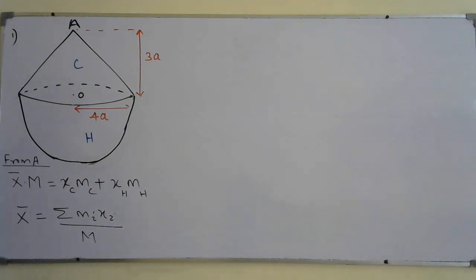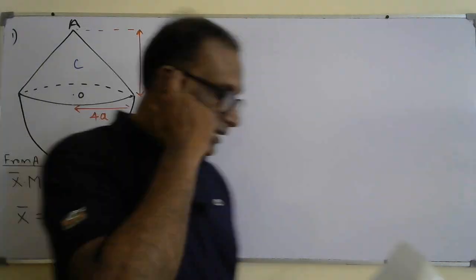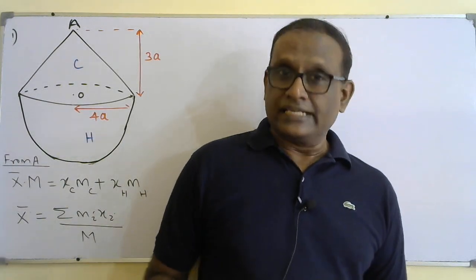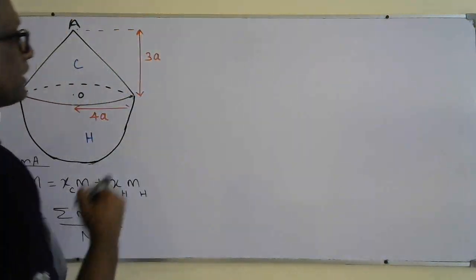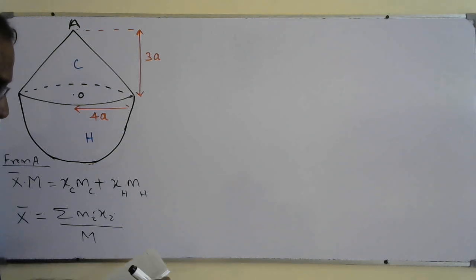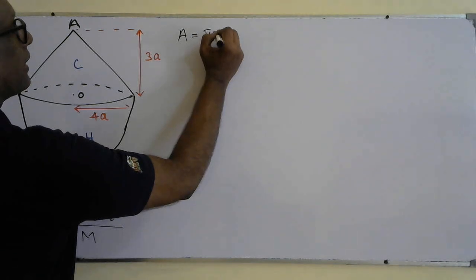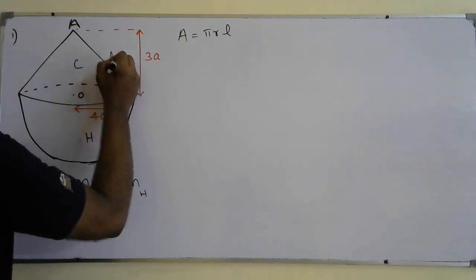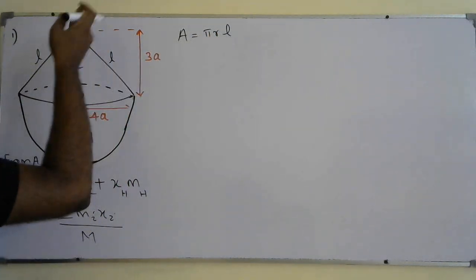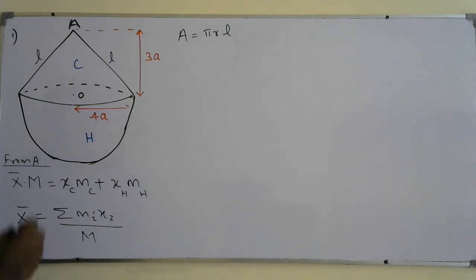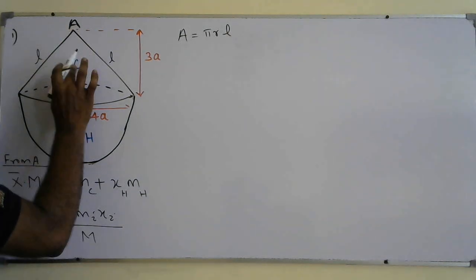I need to find the surface area of the conical shell. Sorry, the conical area is given as pi r l, where l is the length of the slope. I need to find it, so it's not a big issue. We'll consider the right angle triangle here.